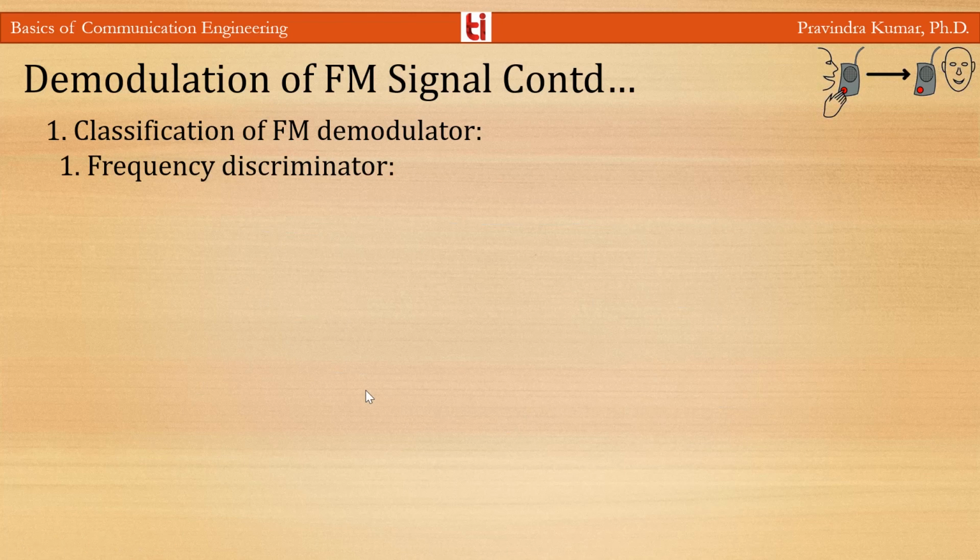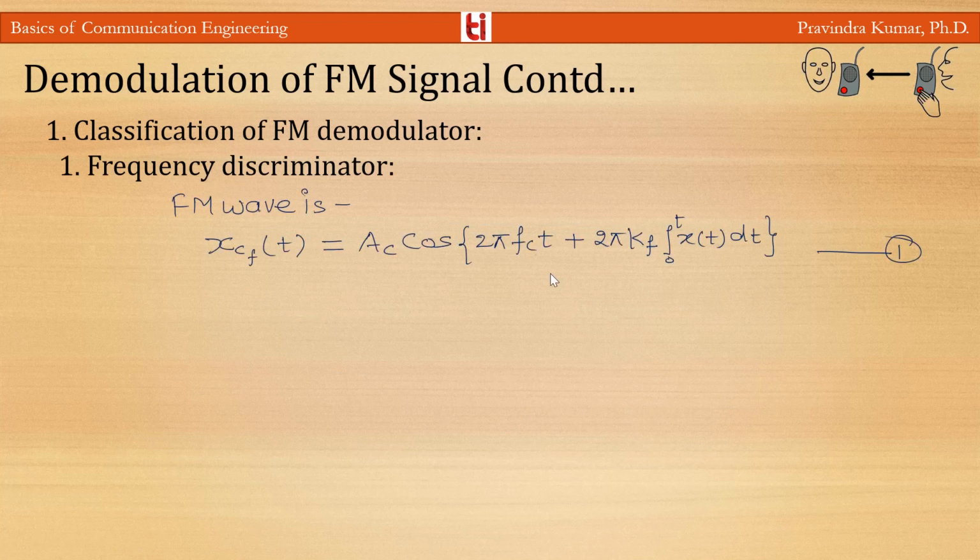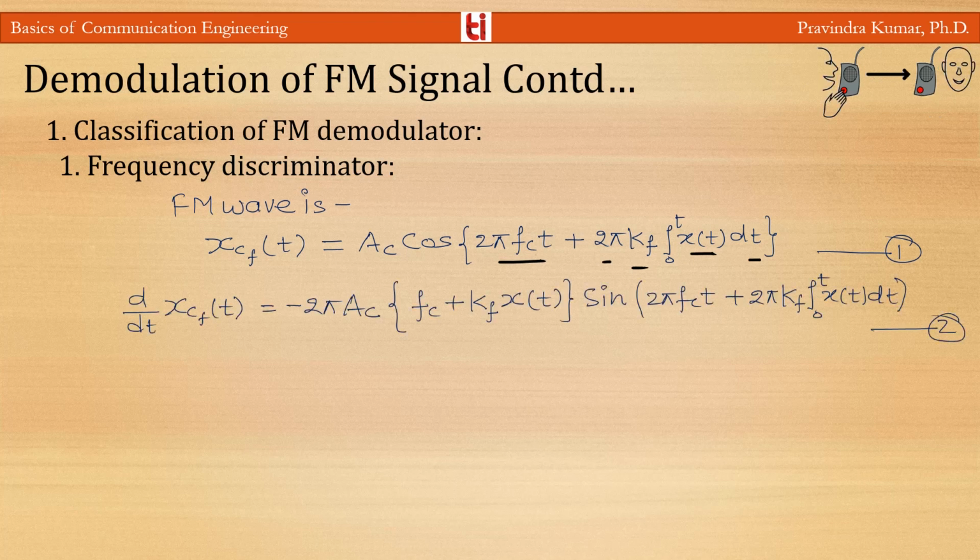Here we know the equation of the FM wave is Ac cos(2πfct + 2πkf ∫x(t)dt). If we take the derivative of this equation, we will have -2πAc(fc + kf x(t)) sin(2πfct + 2πkf ∫x(t)dt).